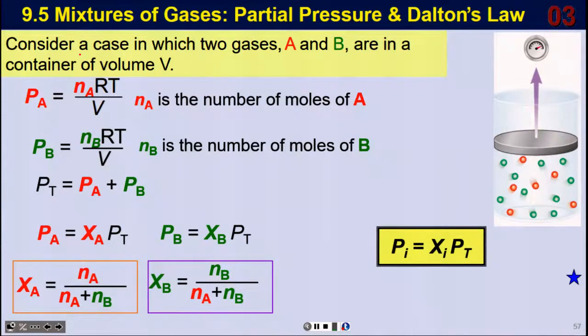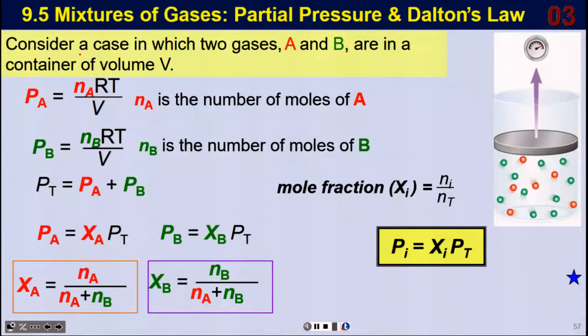So the pressure of the individual gas is its mole fraction times the total pressure. Don't forget that we defined the mole fraction X sub i to be the number of moles of individual gas i divided by the total number of moles.